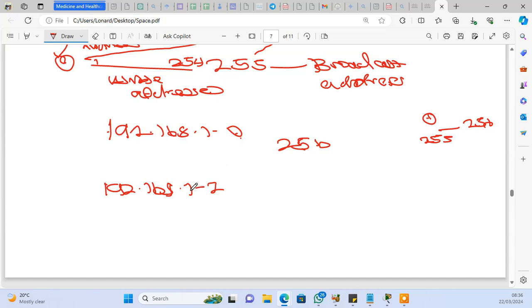We're going to increment this, and it becomes a 2, and then this one here is 0. Now this is another subnet. I'm just showing how to use the magic number: if I count 256 IP addresses, then the next address will be in another group.